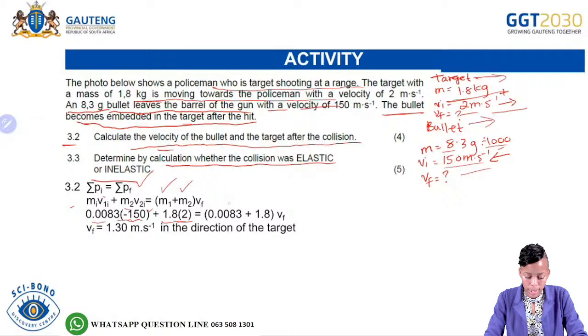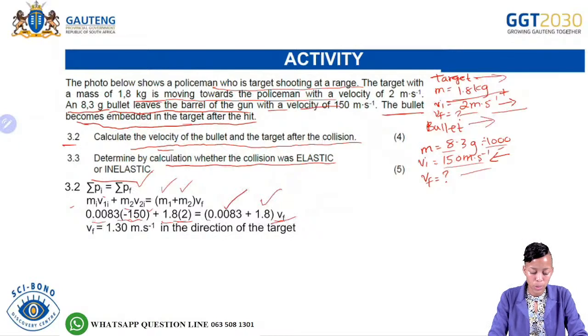This 0,0083 represents the mass of the bullet, and the 1,8 represents the mass of the target. We said again they are going to move together as a unit, so they are going to have the same final velocity.